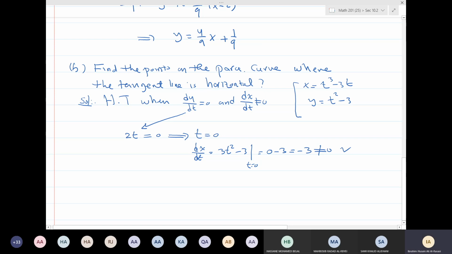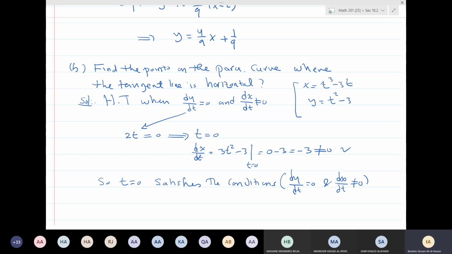So t equal to 0 satisfies the two conditions, dy/dt equal to 0 and dx/dt not equal to 0. I have only one value, so there is one horizontal tangent.